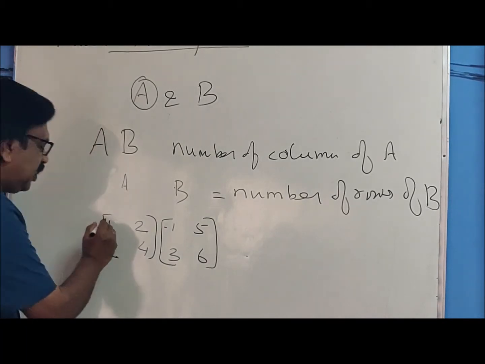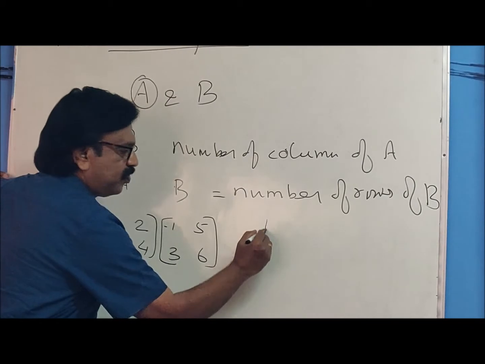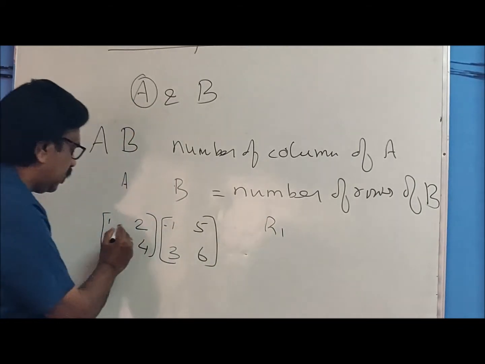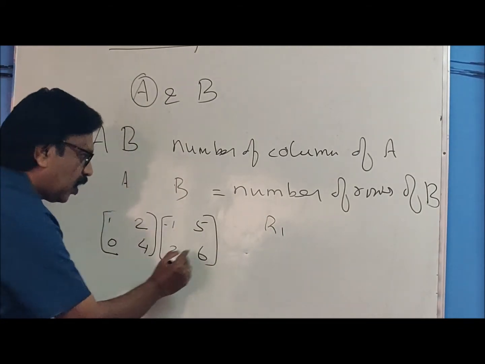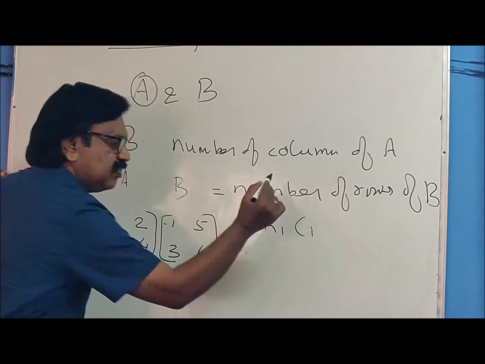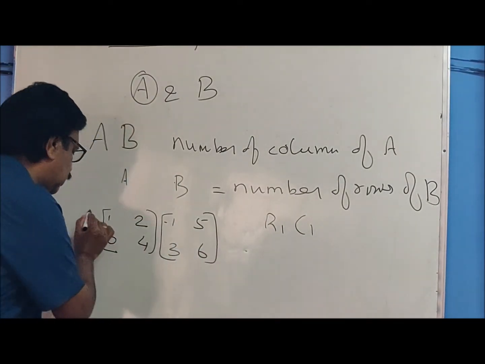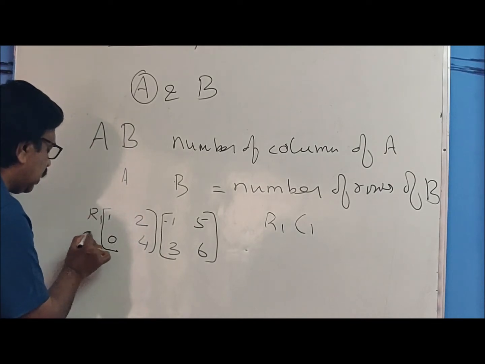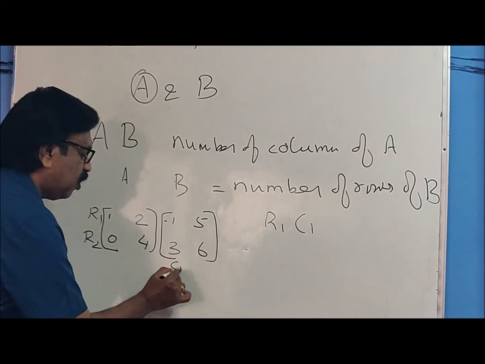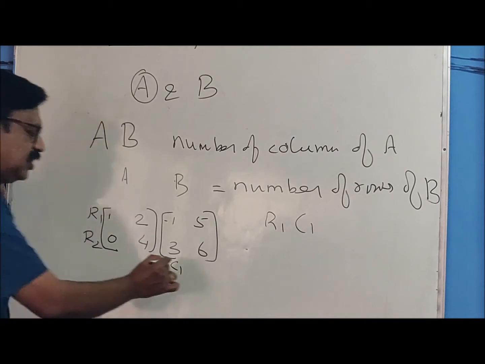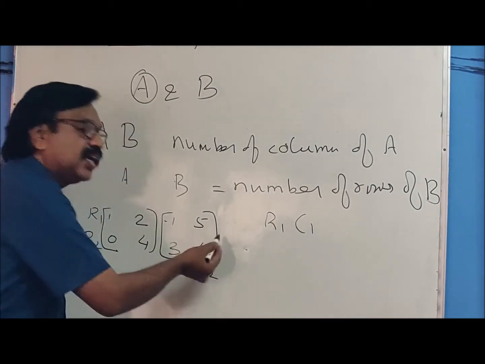First we take the first row and combine it with the first column, that is R1, C1. This is the first row and this is the second row, and this is the first column of the second matrix and this is the second column of the second matrix.